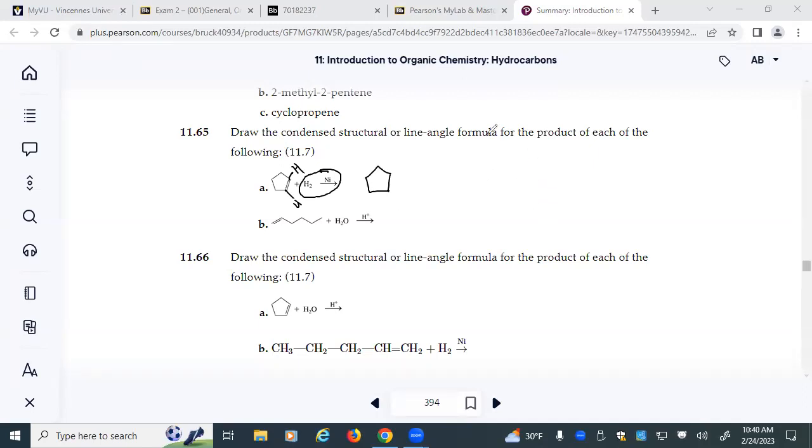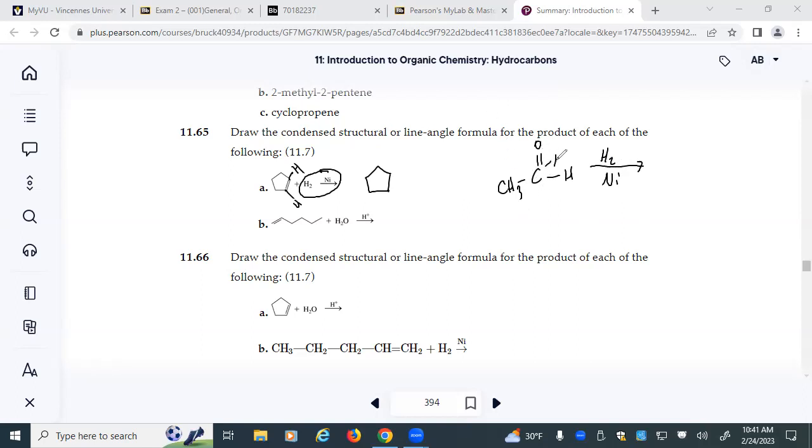Now, let's just say that for the sake of argument, we were dealing with an aldehyde instead. Under the same conditions, reacted with hydrogen in the presence of nickel, we would see the exact same results.